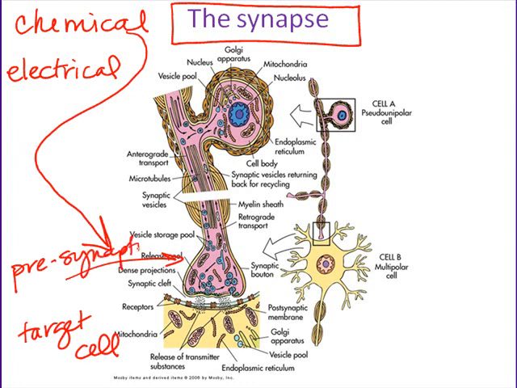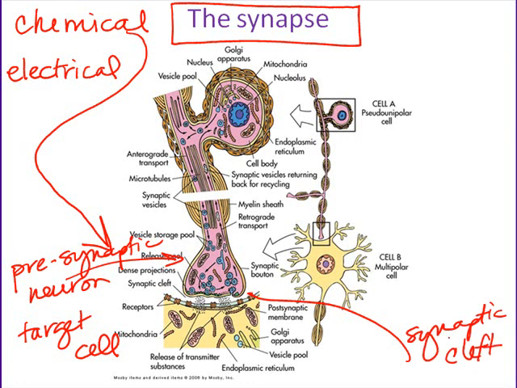And it is across that cleft or space that neurotransmitters must travel from the presynaptic neuron to reach either what's called the postsynaptic neuron or the target organ, such as a skeletal muscle cell. Once neurotransmitters are released from vesicles inside the axon terminal here, they diffuse across the cleft and bind with their particular receptor proteins on the surface of the receiving cell. That's the synapse, very quickly.